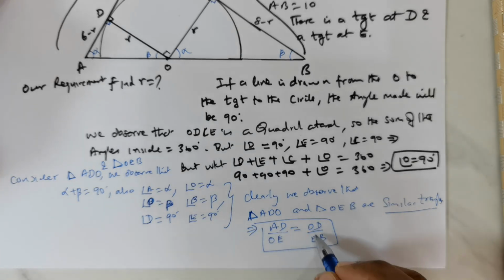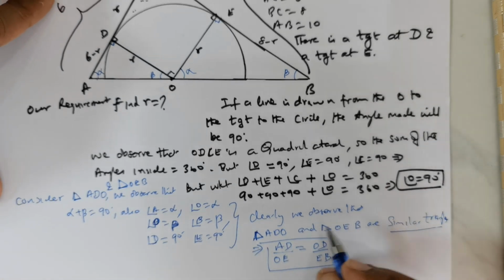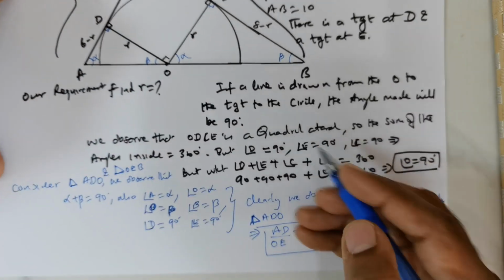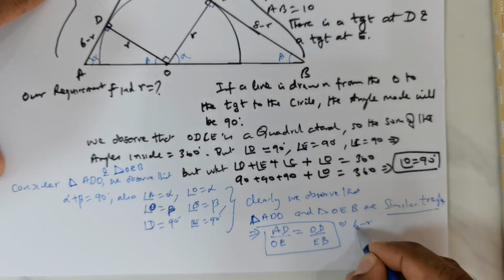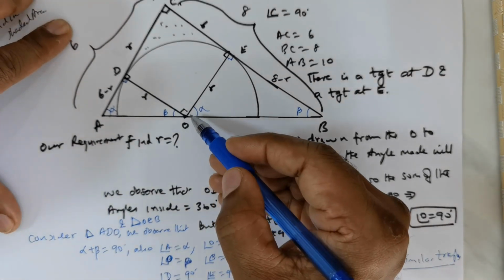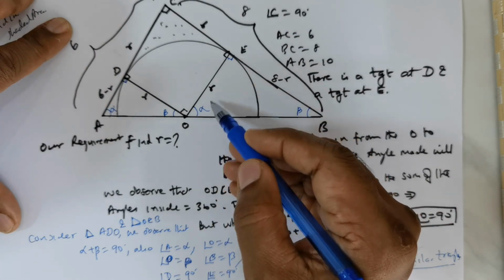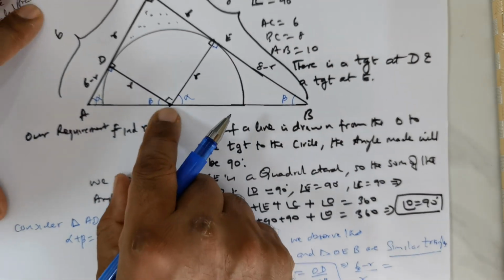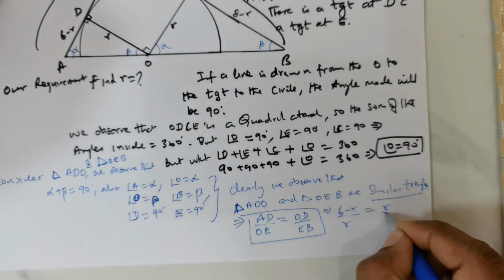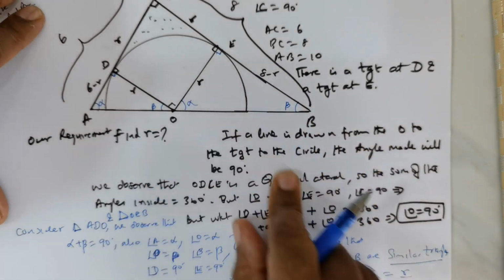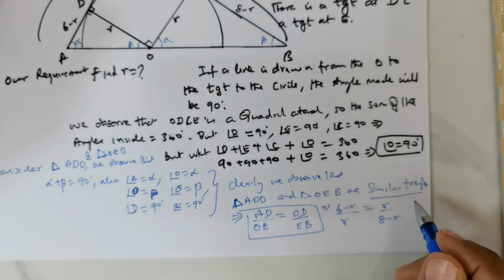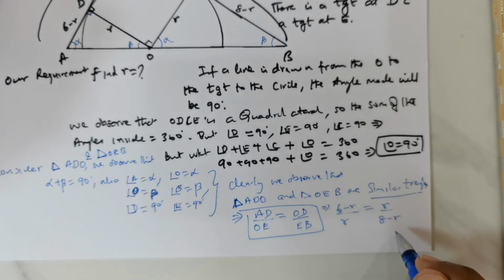Now what is AD? Go to the diagram. AD is 6 minus R, so this means 6 minus R divided by OE. OE is going to be R, is equal to OD, OD is equal to R divided by EB. EB is 8 minus R. So we will have to solve this.